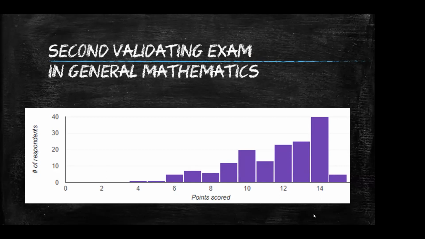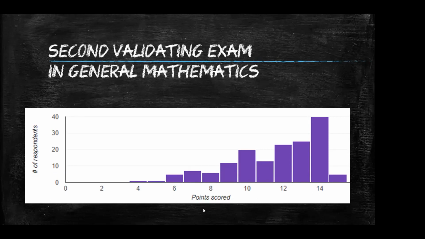So explain natin na isa-isa. Paano nangyari yun, sir? Yung bar kasi po, kung ano yung height ng bar, yun yung titignan natin. That corresponds to the number of respondents or students who got that score.